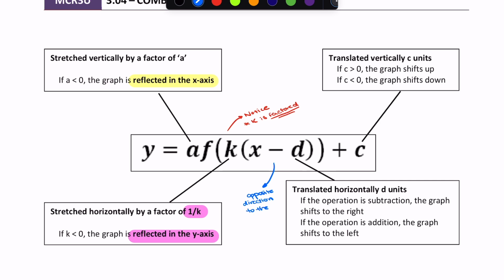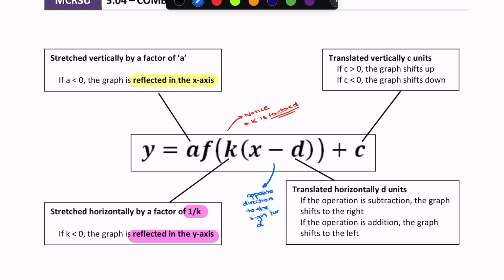If the operation is subtraction, the graph shifts to the right, and if the operation is addition, the graph shifts to the left.